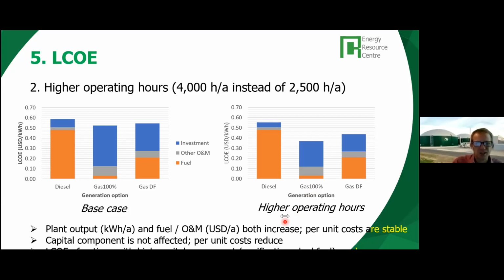So, as indicated, we have an influence because we use the net present value of the cost, and we use the net present value of the plant output, of the kilowatt hours produced. So we use the discount rate in the calculation.